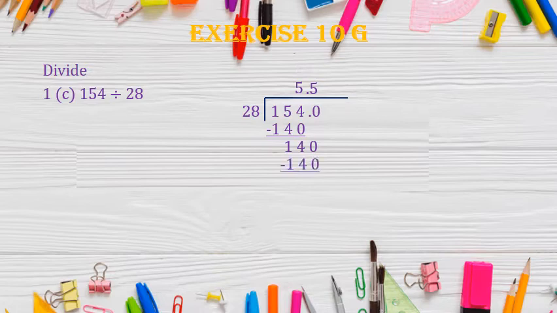So 140 minus 140 is equal to 0, and therefore what is our answer? Our answer, or the quotient of this division, is 5.5. So 154 divided by 28 is equal to 5.5.